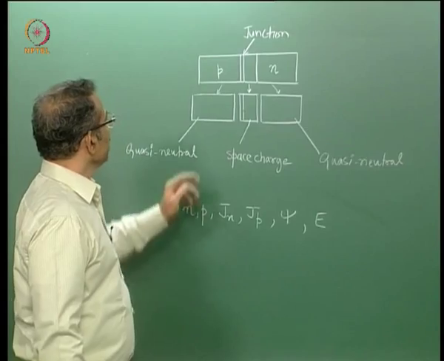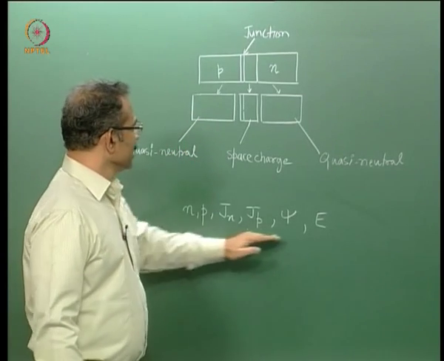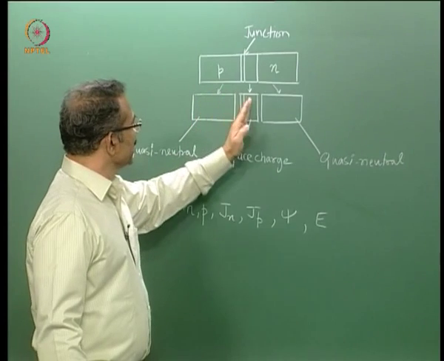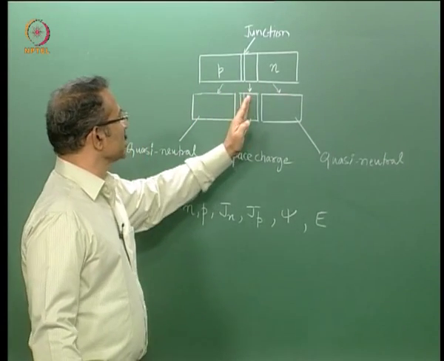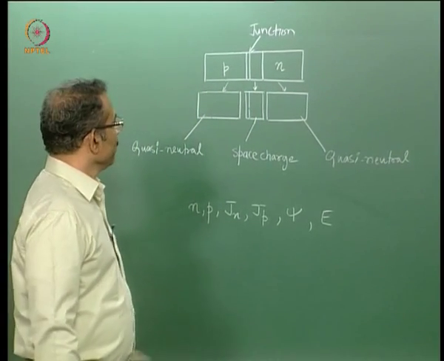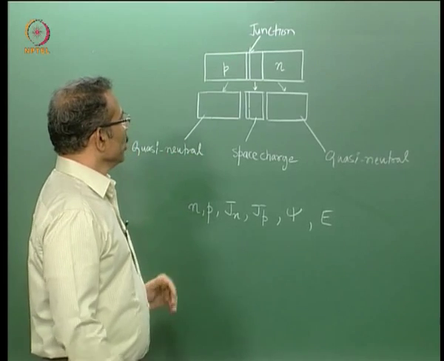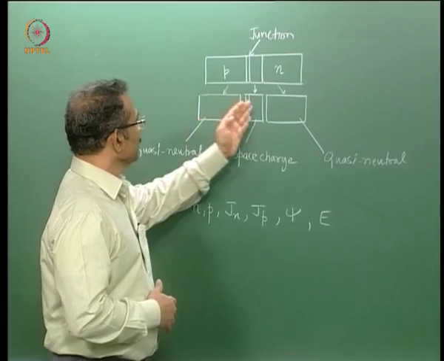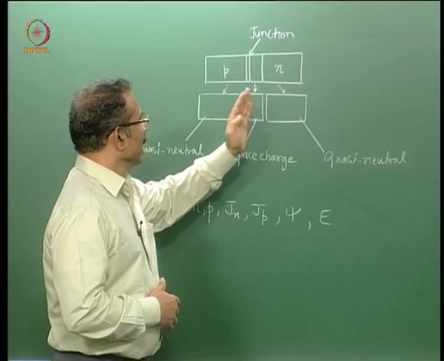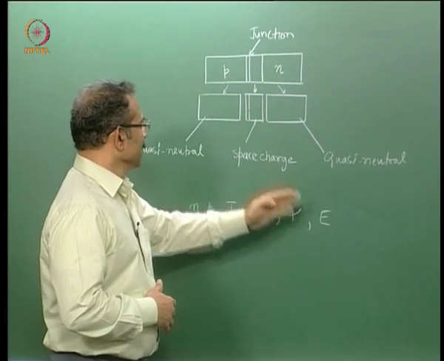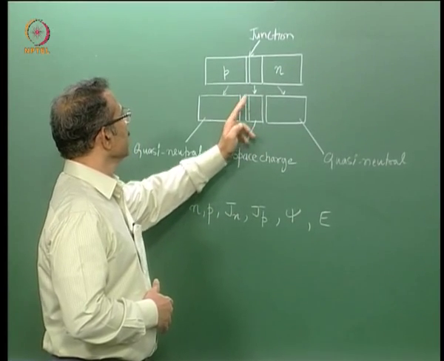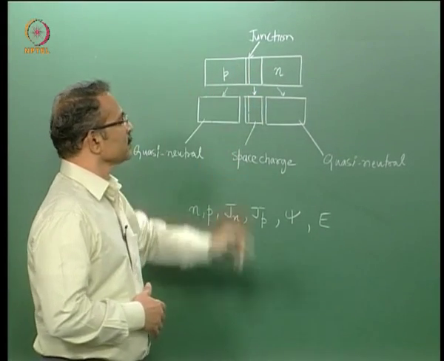In the second step, you solve for these distributions in the 3 regions using different approximations of the fundamental equations in the 3 regions. In the third step, you combine the solutions of these distributions in the 3 regions, assuming that these variables are continuous across the boundaries separating the 3 regions, so across these boundaries.